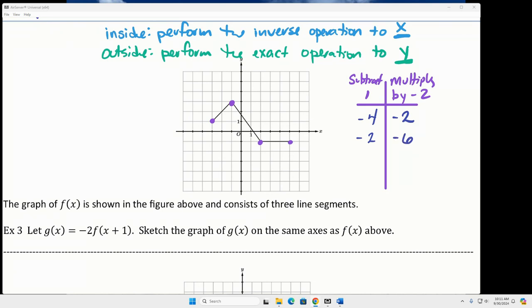All right, so just keep doing that for all the points. And then what you're left with is a table of values that is new ordered pairs for the transformed function. So you would just need to go through and graph those.